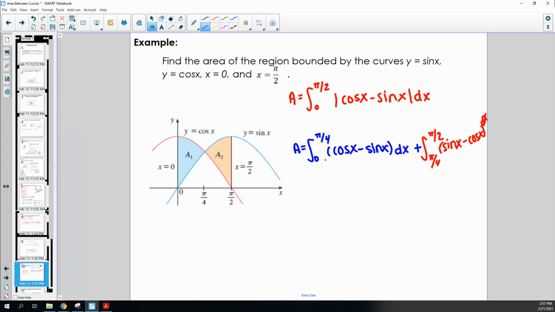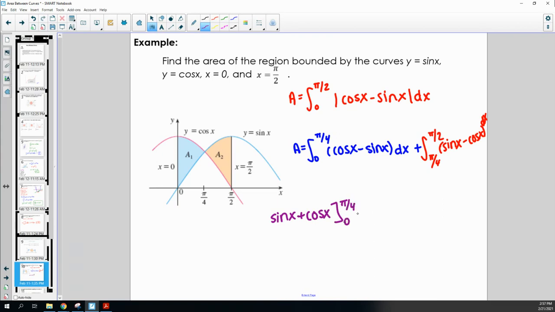So we're going to look at the first integral from 0 to pi over 4. We're going to take the antiderivative of cosine x. So that's going to be sine x. And then the antiderivative of sine x is going to be negative cosine, but we have that minus, so plus cosine x. And we're going to evaluate that from 0 to pi over 4.